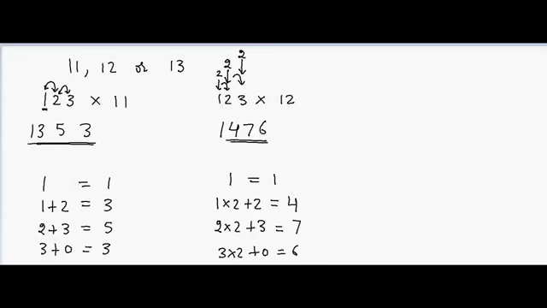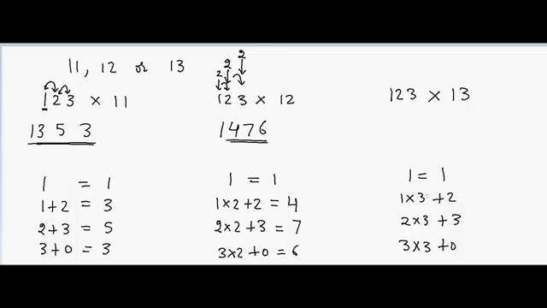So let's go to another example and multiply by 13. If I have 1, 2, 3 and I want to multiply by 13, in this case I'll do it the same way. The first digit will be equal to the first digit, the second will be 1 into 3 plus 2, the third will be equal to 2 into 3 plus 3, and then we have 3 into 3 plus 0. So if you look here, I multiplied all the numbers by 3.